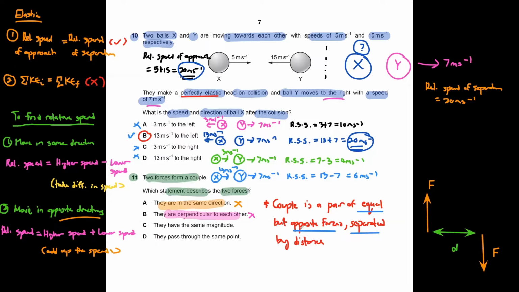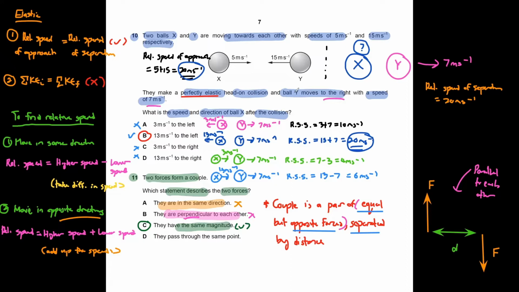When you have them equal and opposite, specifically when you say them together like this, it really implies they must be parallel to each other. So you say them perpendicular, this is out. Then after that, they must have the same magnitude. This one is what you want, right? This is one of the conditions for a couple. C should be the answer.